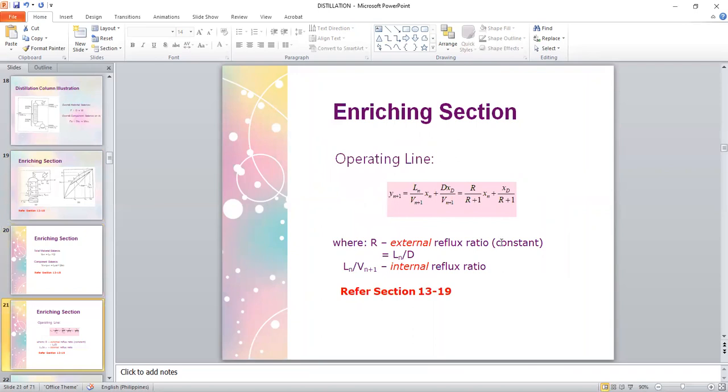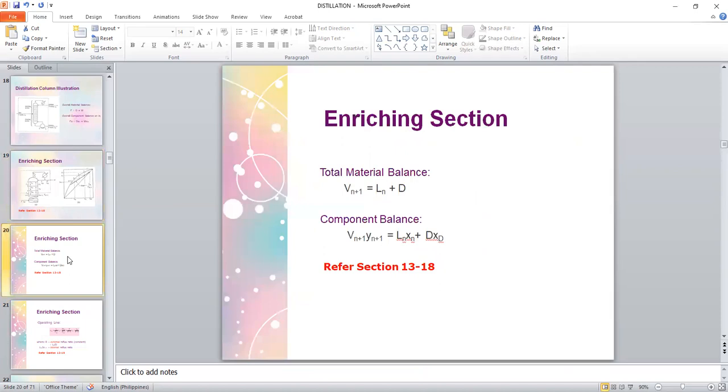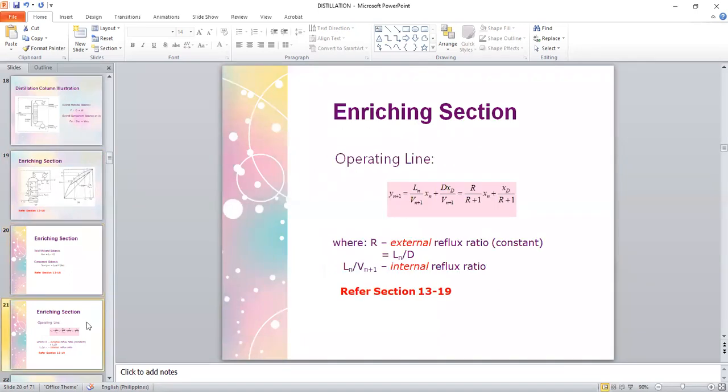Oftentimes, our reflux ratio, class, is the external reflux ratio. The one that you have here in the slope is the internal reflux ratio. If the problem simply states reflux ratio, actually it's the external reflux ratio, and it's okay.